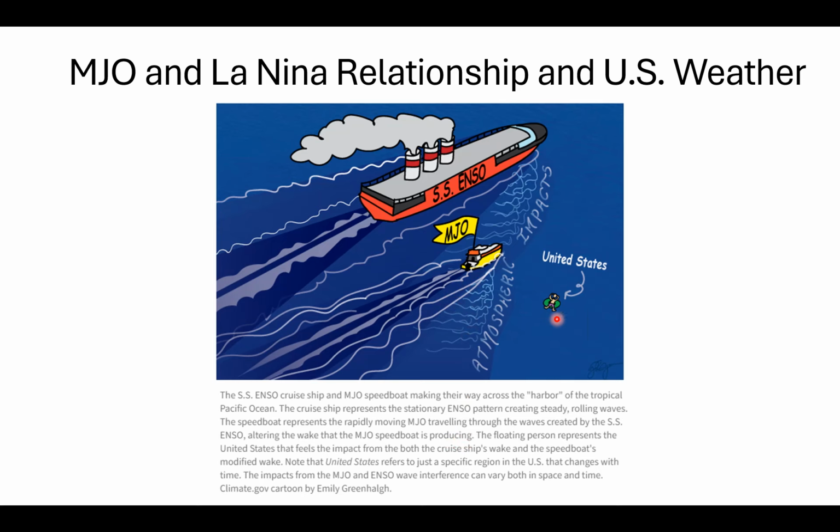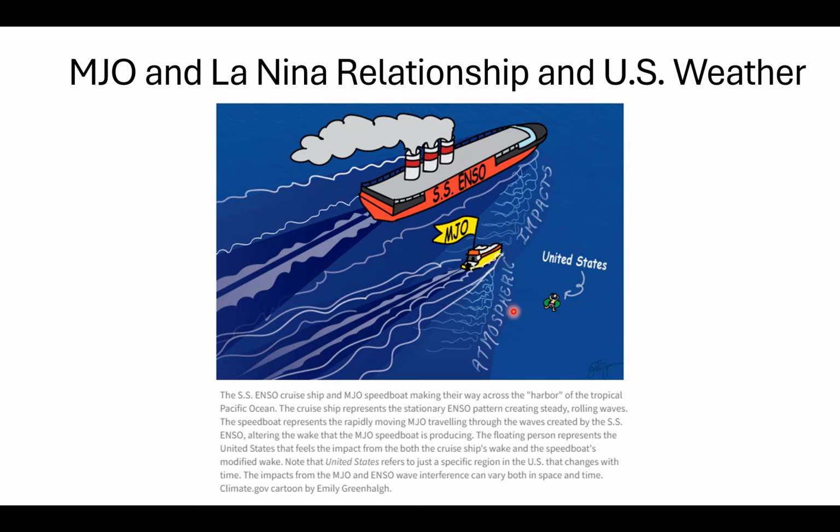Now this floating person over here in the diagram is going to represent the United States. And the U.S. over here, this person is going to feel those waves from both the El Nino Southern Oscillation, ENSO, as well as the MJO. All right, and that's what the U.S. feels downstream from these impacts.